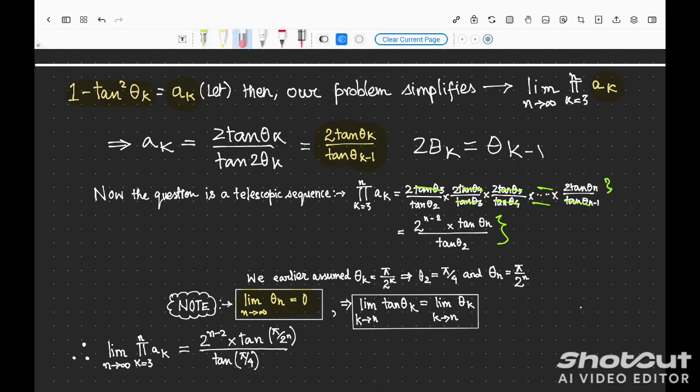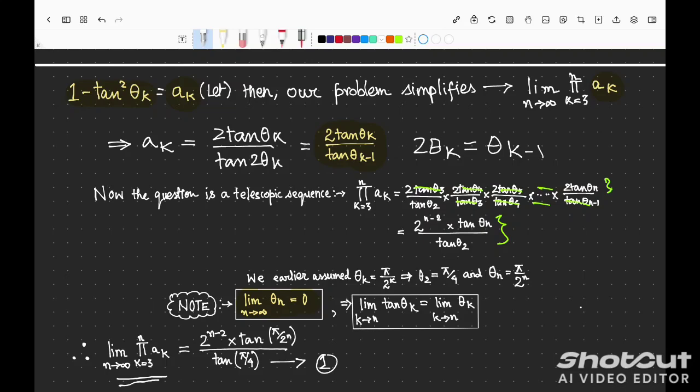So moving on, we can further say that the following expression, the limit of the product of a_k, can be written as equal to 2 to the power n minus 2 into tan of pi by 2 to the power n divided by, in the denominator, tan of pi by 4. Now tan pi by 4 is just equal to 1.